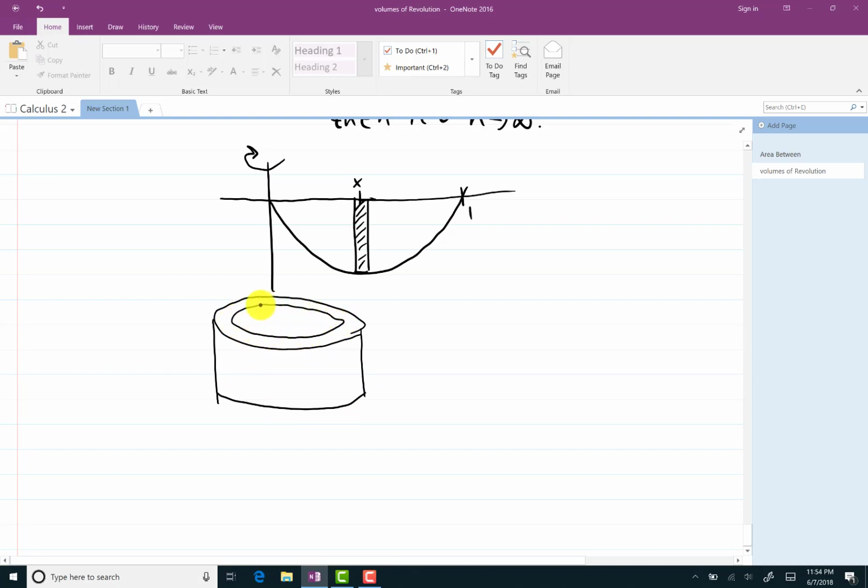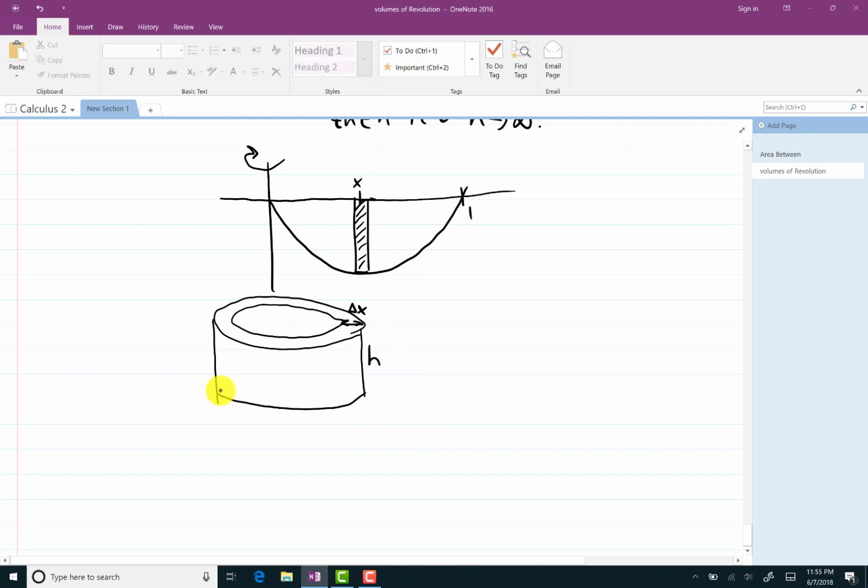Now, the difference here is that the cylinder walls are the things that will be delta x. So this distance here, from here to here, that will be delta x. The height, for right now, let me call that h.